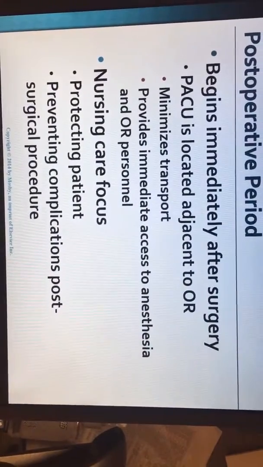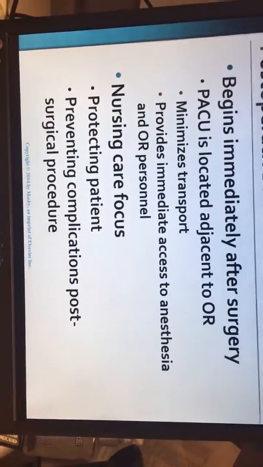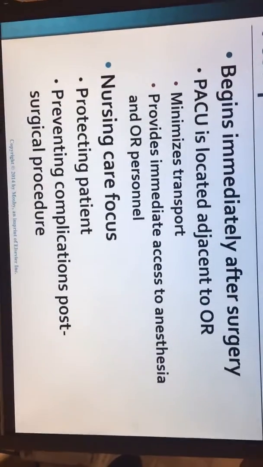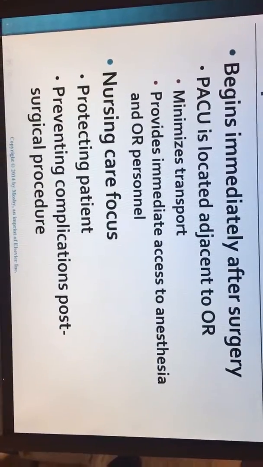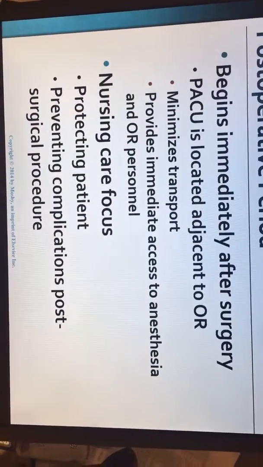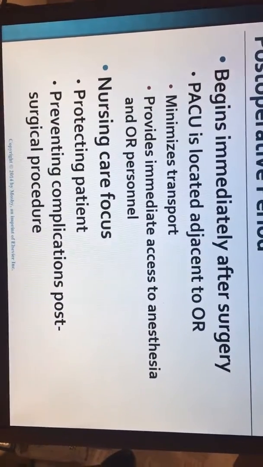Nursing care focuses on protecting the patient and preventing any complications. The primary goal is for the patient to recover with minimal anesthesia complications, such as needing to be re-intubated. Intubated meaning having the tube put in their throat.